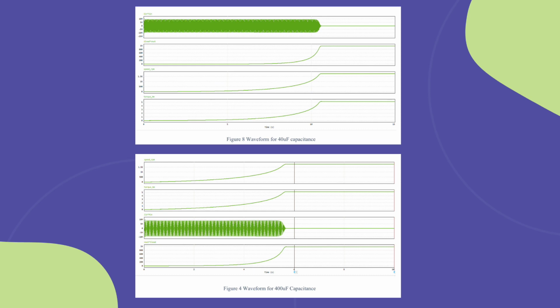The only obvious difference is the period to reach a steady state condition. The time taken to reach a steady state condition for 40 microfarad is almost 10 seconds, while it is almost 6 seconds for 400 microfarad capacitance.